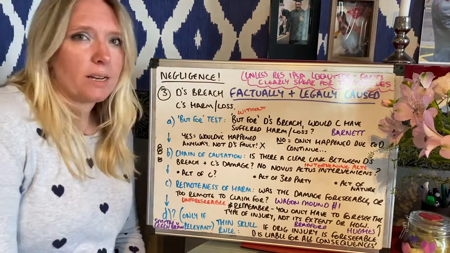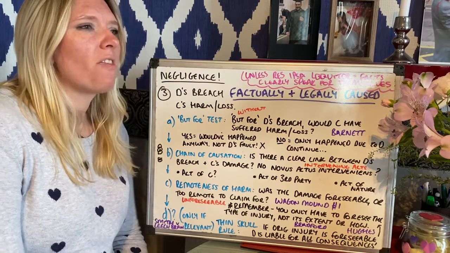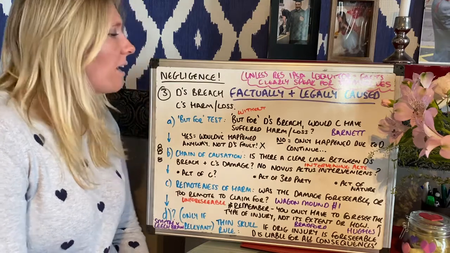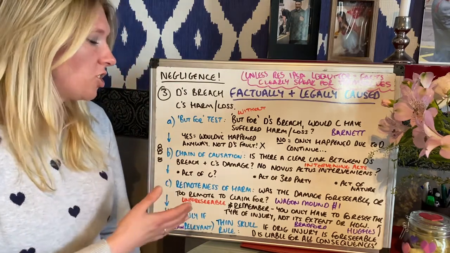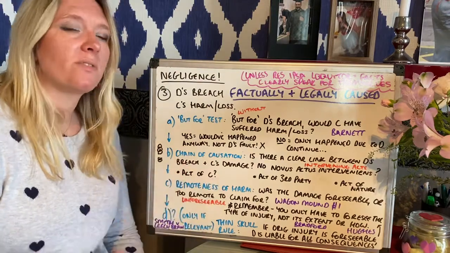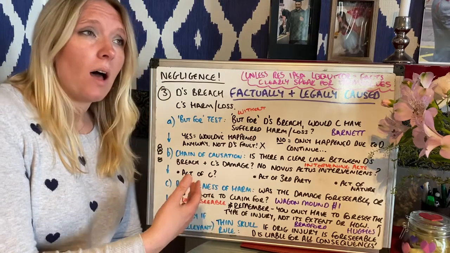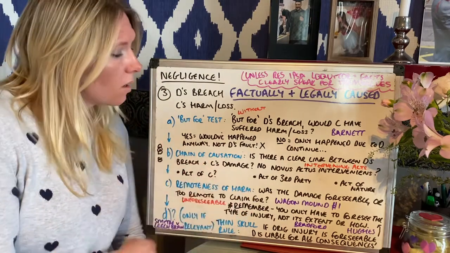The next element is part of legal causation. And this isn't looking at whether the defendant is or isn't liable, it's whether they should be. Should they be held responsible for the claimant's harm? So the question is of remoteness of damage. Was the damage foreseeable? And if damage is foreseeable, it makes sense that you should therefore avoid it.